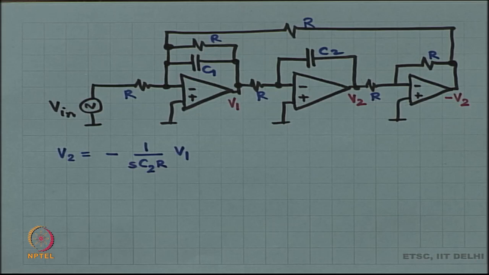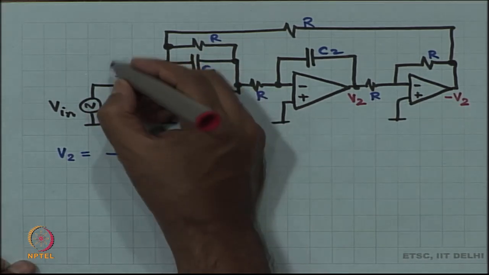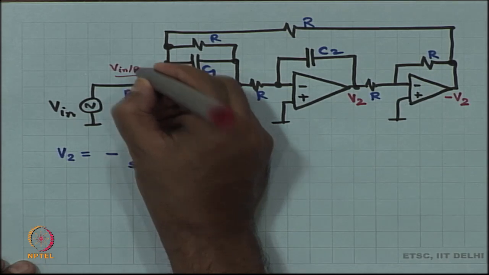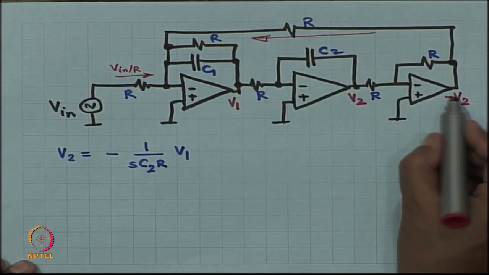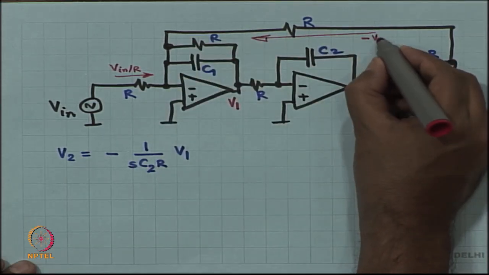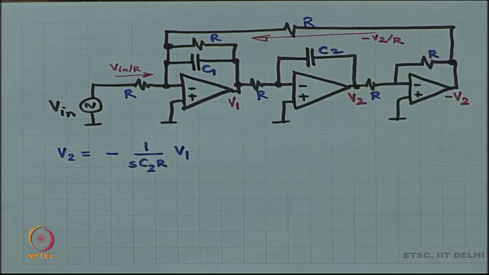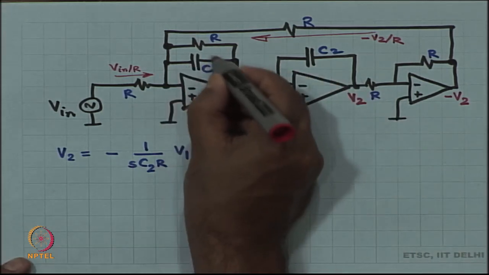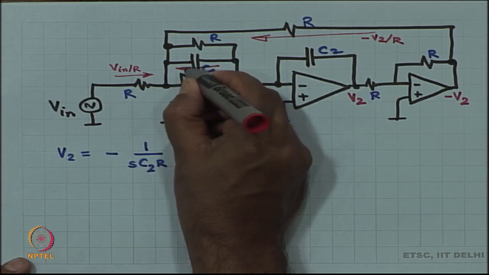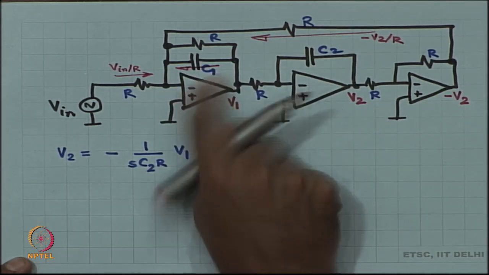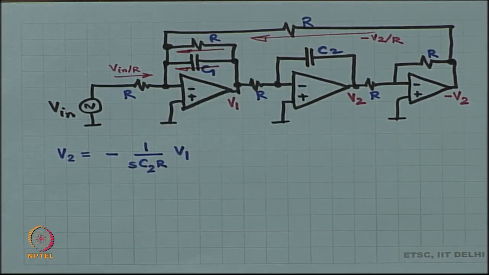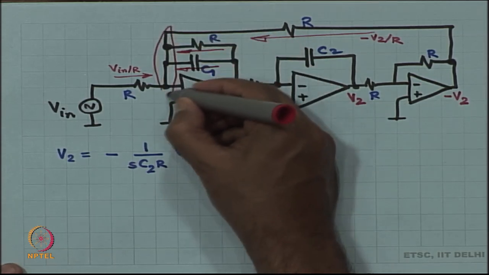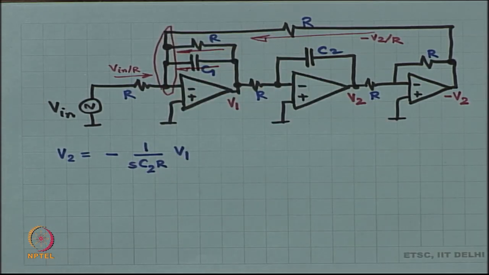Now, the current here is V in by R, the current this way is minus V2 by R, and the current through the capacitor C1 is V1 times S C1. The current through this R is V1 by R, and if you do a KCL at this node, what do you get?